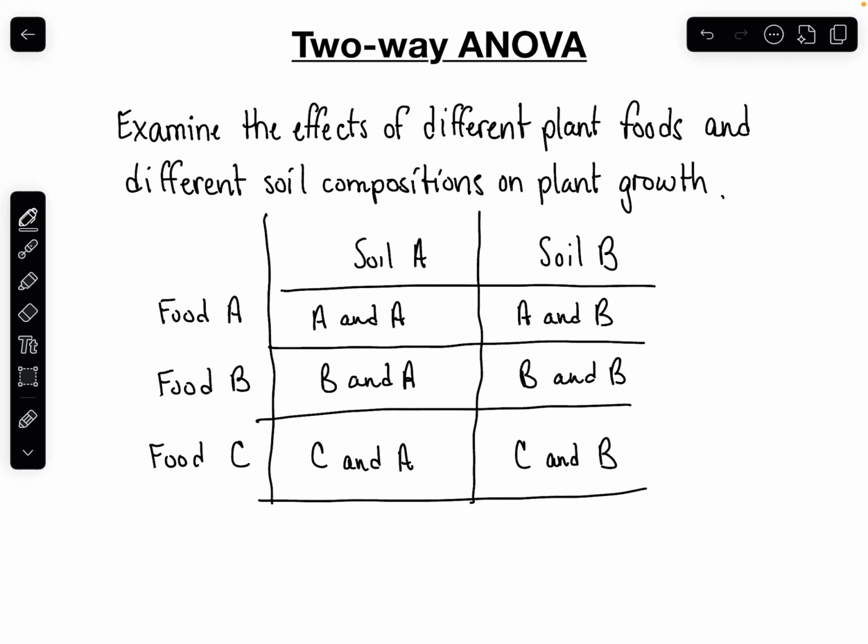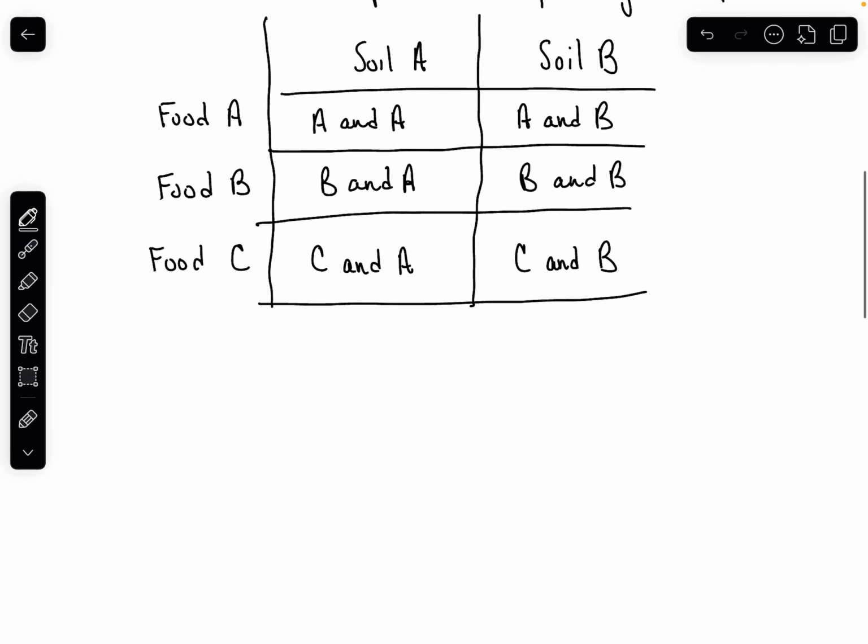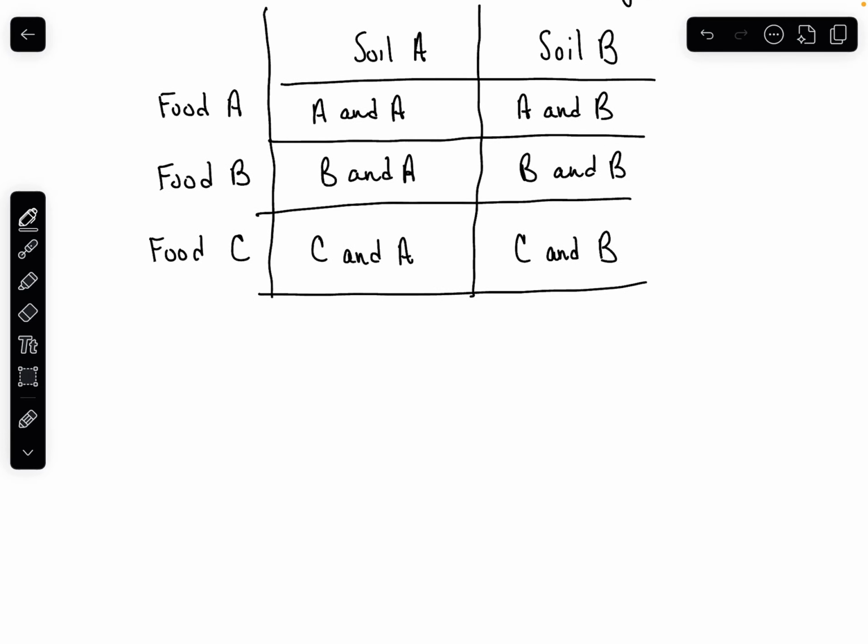Now, in order to do two-way ANOVA, we do have the same basic requirements as one-way ANOVA. One-way ANOVA had the requirements, first, that the populations that the samples are drawn from must be approximately normal or normal itself.